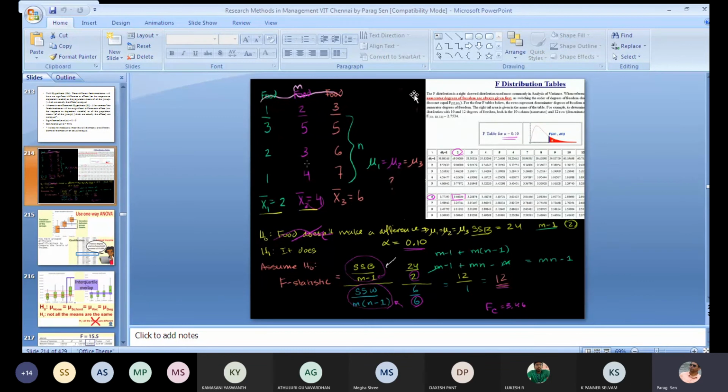So the responses that you will be getting will also be different. That means you can understand that spindle speed has a significant effect on your response variable at population level. So this is the ANOVA test.